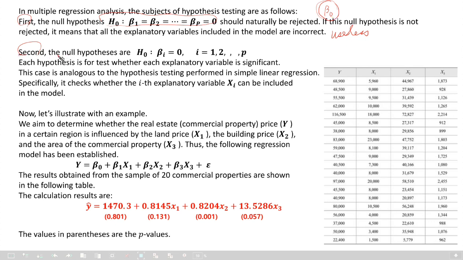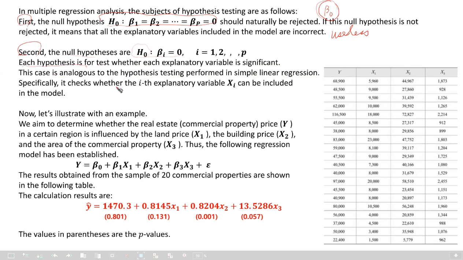Second, each null hypothesis, there are p many: beta 1 equal to 0, beta 2 equal to 0, beta p equal to 0. So p many null hypothesis tests are possible. Each hypothesis tests whether each explanatory variable is significant or not, useful or useless. This case is analogous to the hypothesis testing performed in the simple linear regression model.